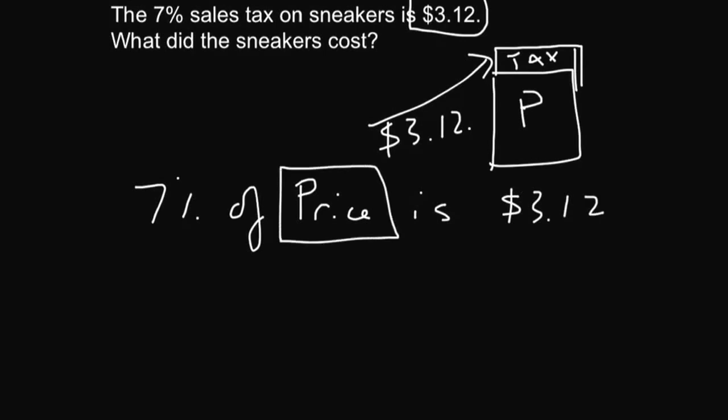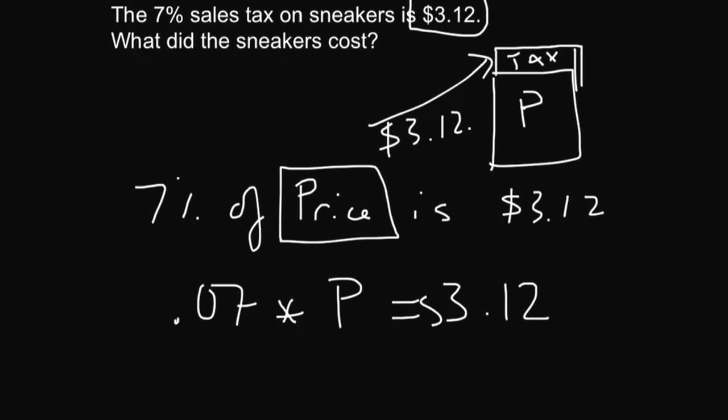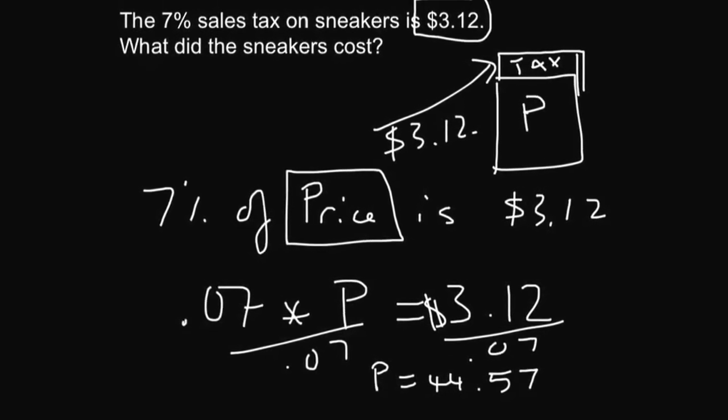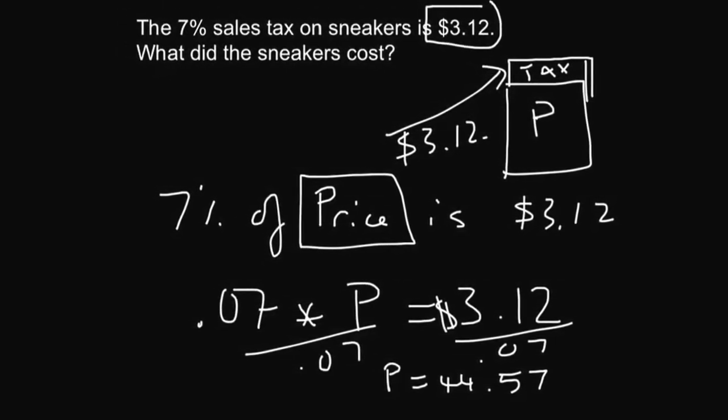So you'll simply be saying 0.07 of what number is 3.12. And after you divide by 0.07, your answer is getting larger. And the price is going to be rounded to 44.57 as a rounded value.